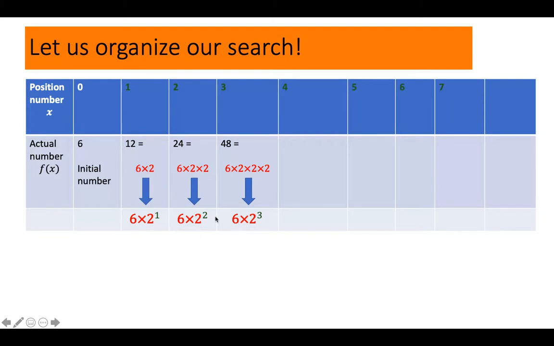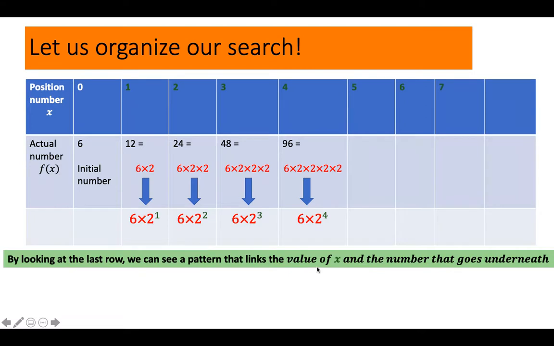Every single time I'm multiplying my initial number, 6, times the number that I'm multiplying by each time, raised to the value of x. That's the pattern that we recognize now, and we can use that to find how to get that number that goes there, right?